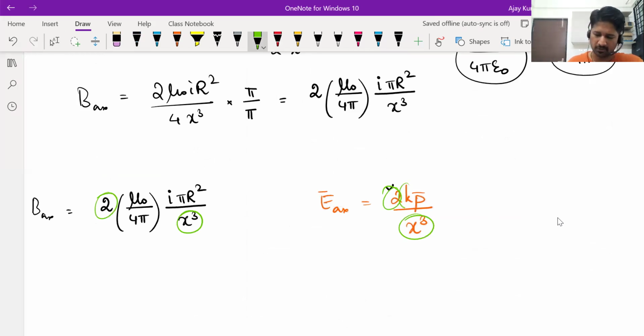K is 1 by 4 pi epsilon naught. In place of that, you have mu naught by 4 pi. What else is left? In place of P, can one of you tell me what P means? Electric dipole moment. In place of P, here we have I pi r square. So if P is the electric dipole moment, then this term here must be the magnetic dipole moment.